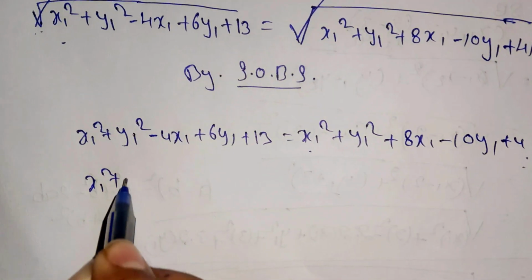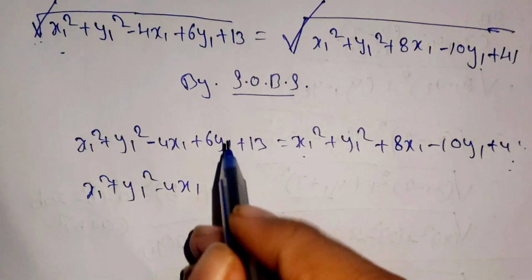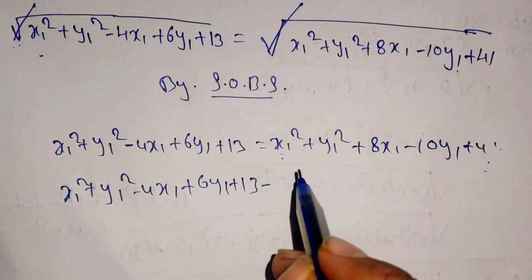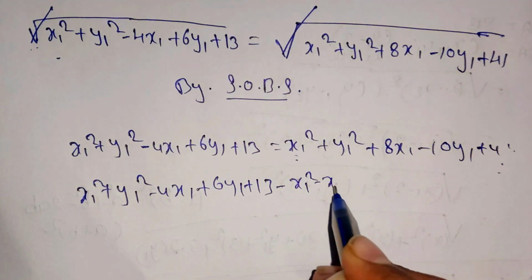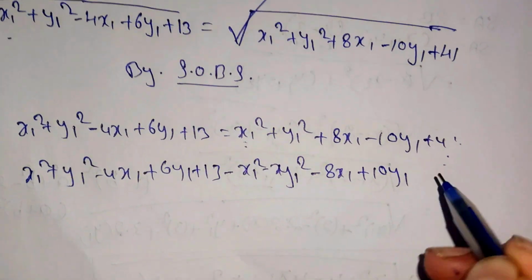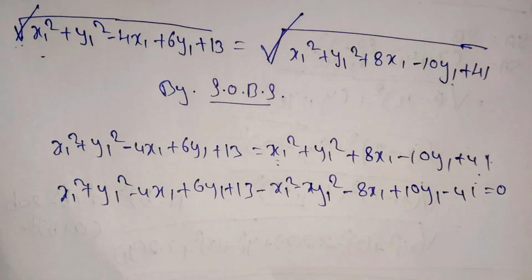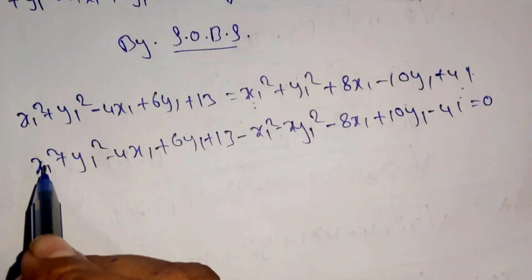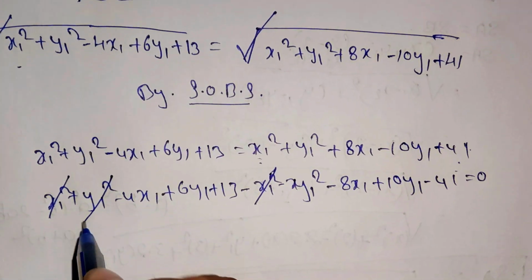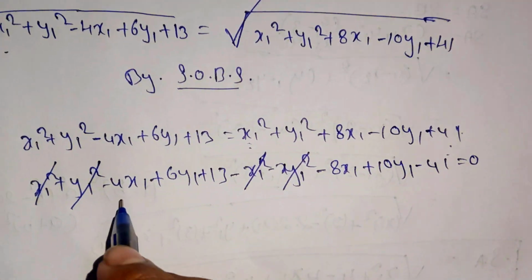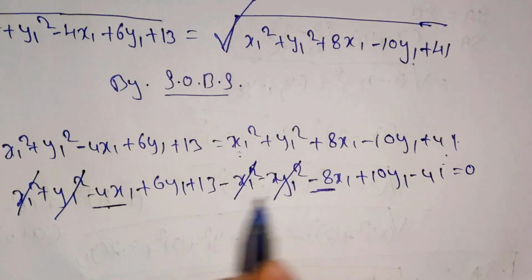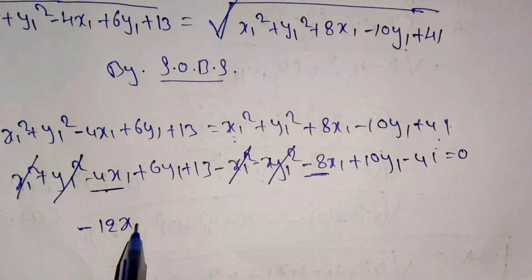After we get, x1 square minus x1 square gives 0, y1 square minus y1 square gives 0, here minus 4x1 and there minus 8x1, so minus 4 minus 8 we get minus 12x1.